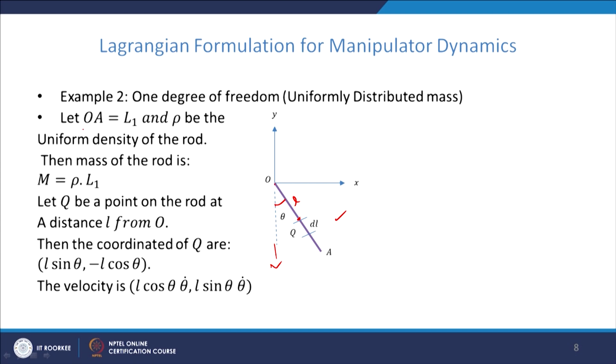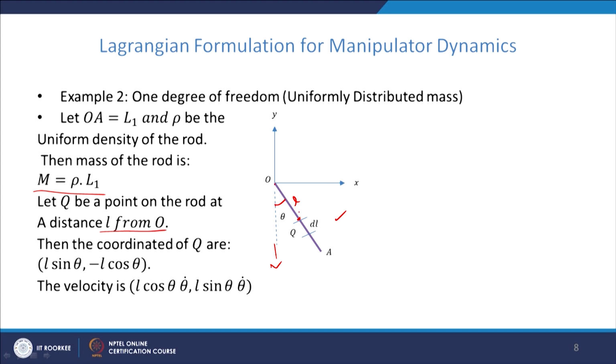The length of this pendulum is L1 and rho is the uniform density of the pendulum. So, the total mass is rho density into the total length L1, that is m.